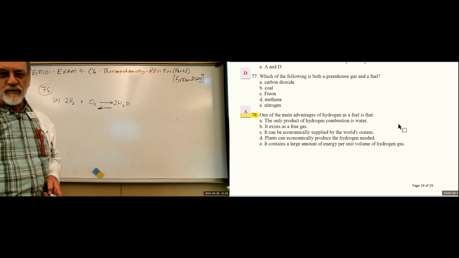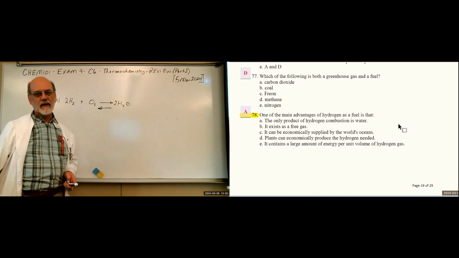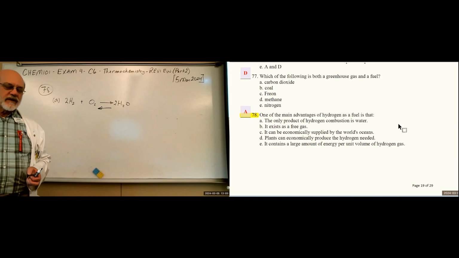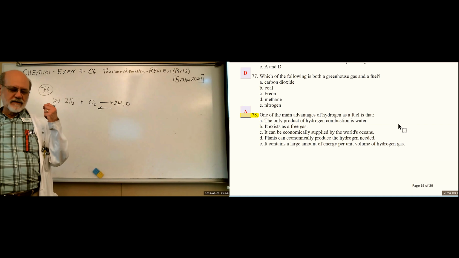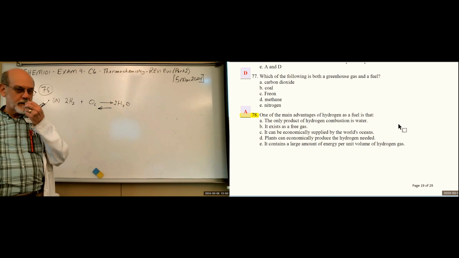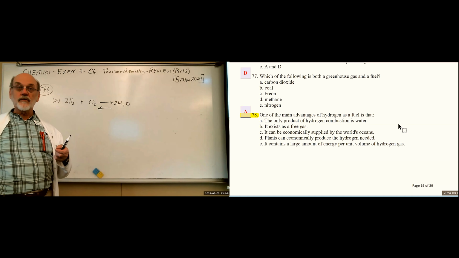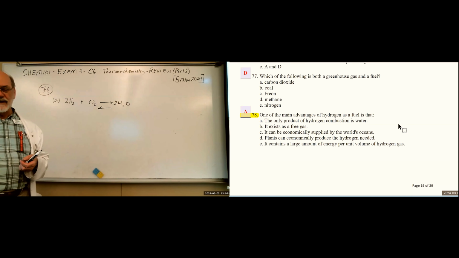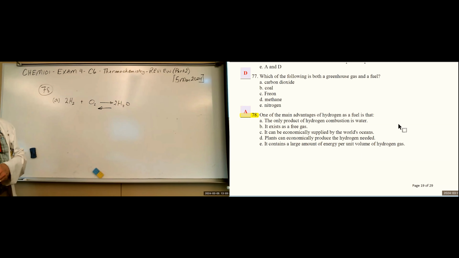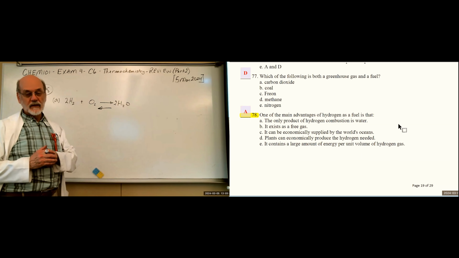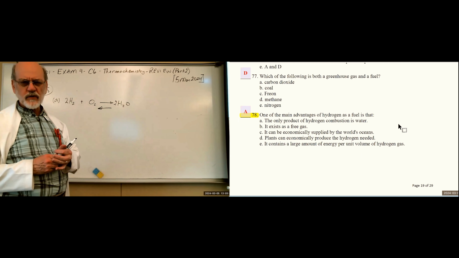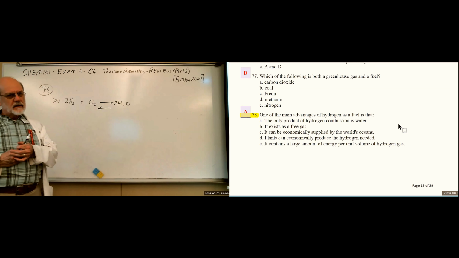Plants can economically produce hydrogen needed. Nope. Plants typically take carbon dioxide from the air, water from the air, and make carbohydrates. They start off with simple sugars, and then they build from there. So that's not it. Contains a large amount of energy per unit volume of hydrogen gas.